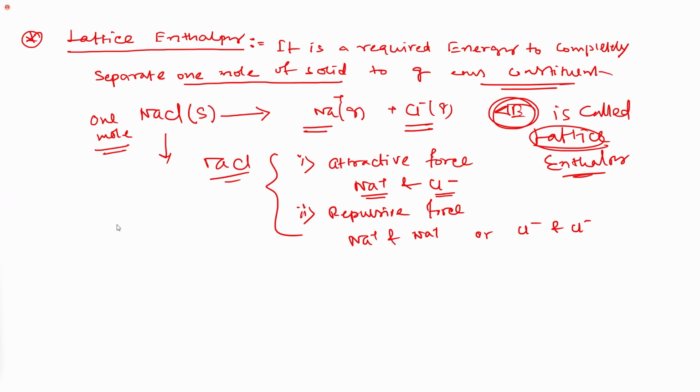Every lattice, whether NaCl, KCl, or even water molecules, will have some amount of lattice enthalpy, because we need some amount of energy to break the solid state into the corresponding cations and anions in a gaseous state.